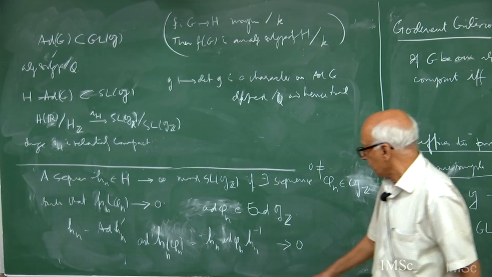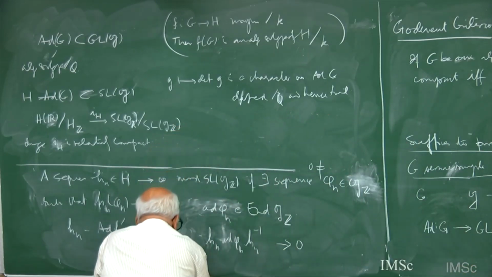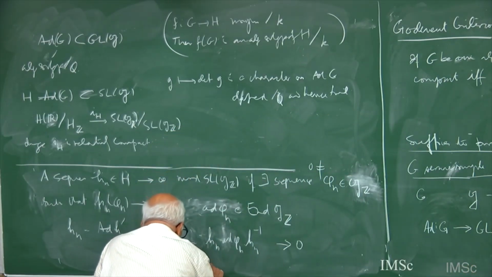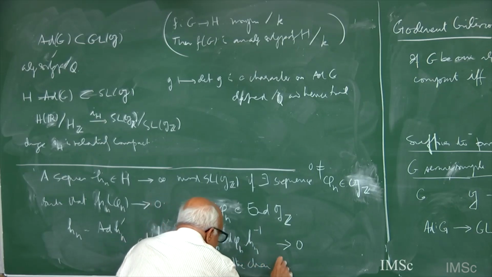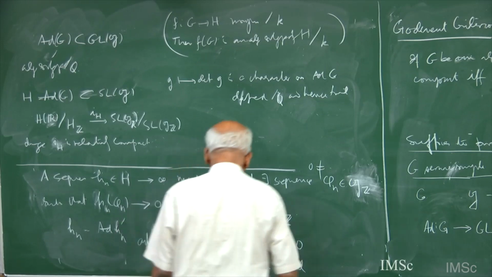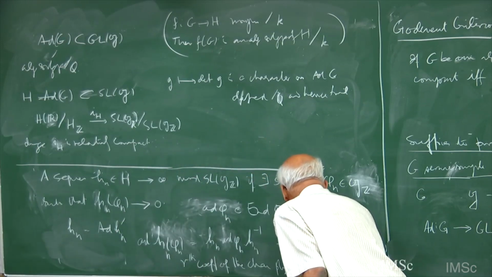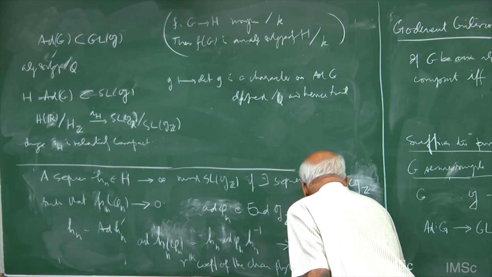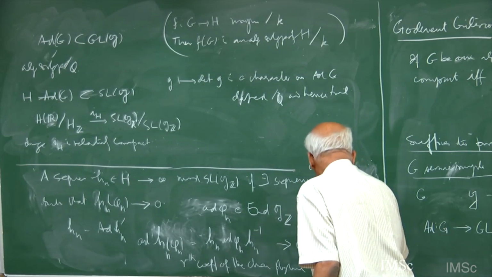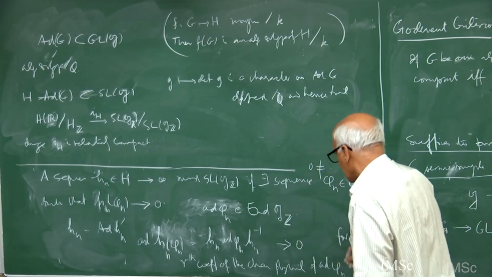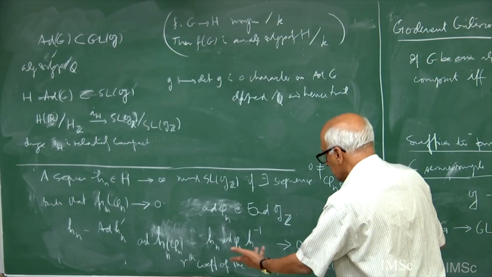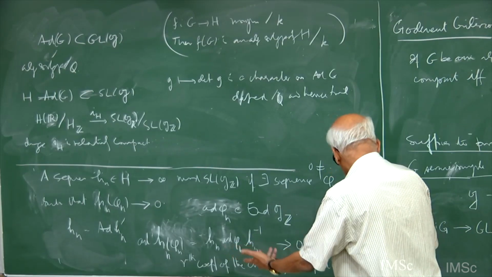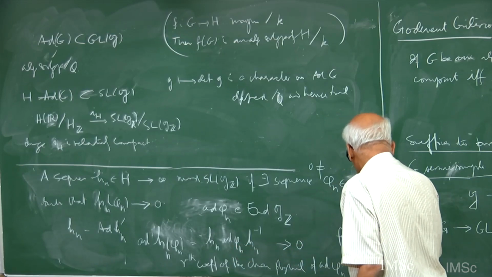So if you look at the rth coefficient of the characteristic polynomial of ad phi n, that goes to 0 for r greater than 0. The 0th coefficient won't, I mean, r less than or equal to dimension g.